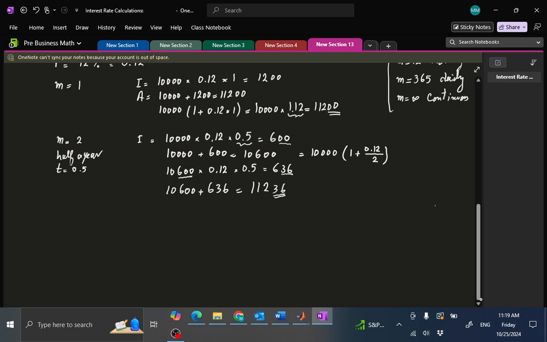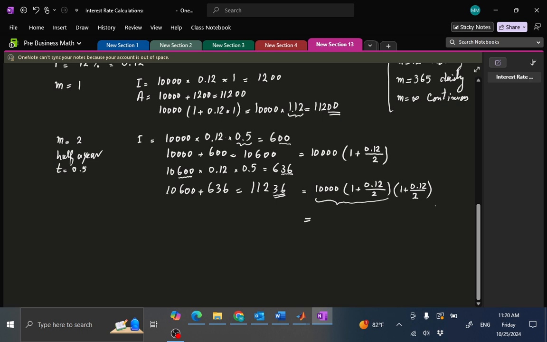And what we are making here is that 10,000 in the first period, we got 6% on that. And in the second period, we got another 6%, but now on top of everything that we already had. So another 1 plus 0.12 over 2.